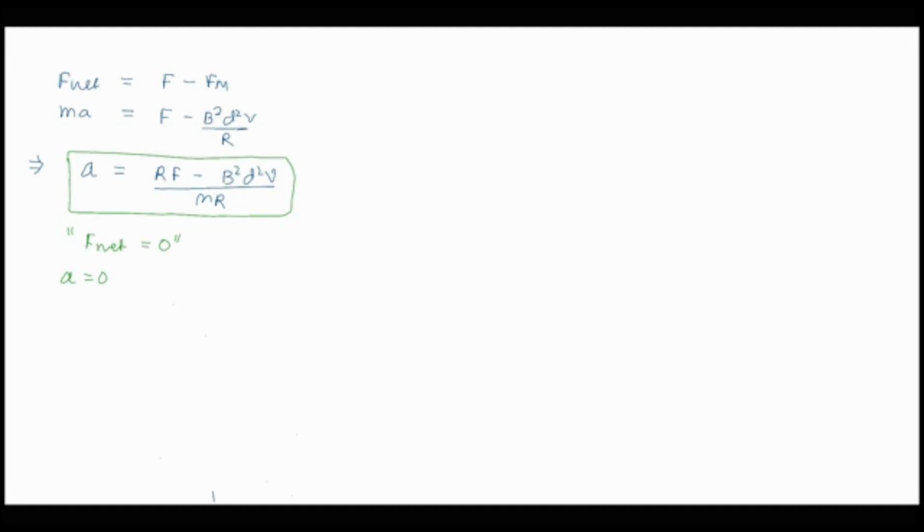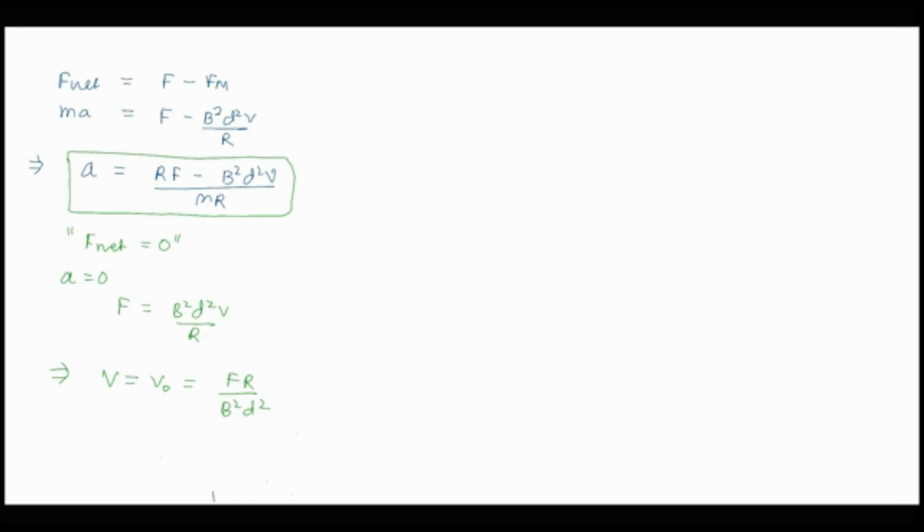So from here I get F is equal to B²D²V upon R, and the maximum value of velocity which can be attained, which is equal to v naught, is equal to FR upon B²D². So this is the value of v naught which we attain, FR upon B²D².